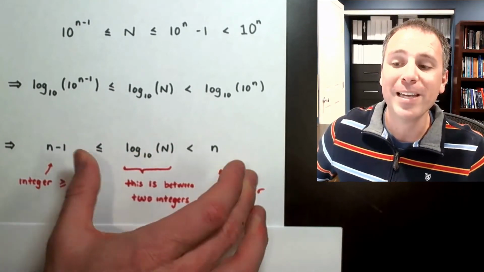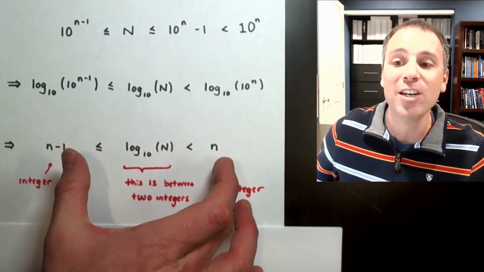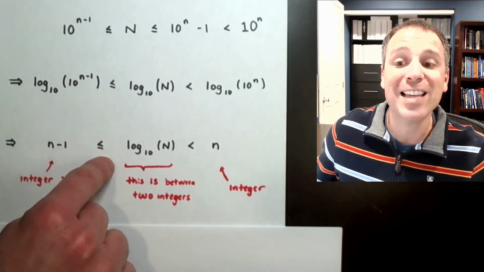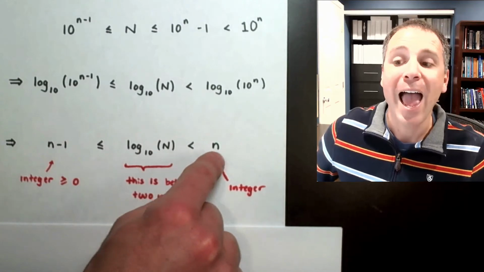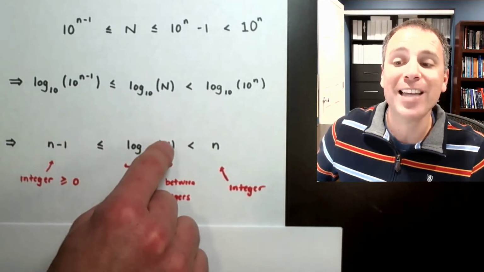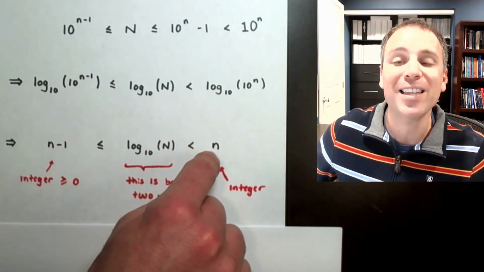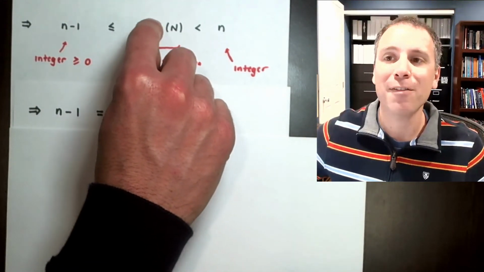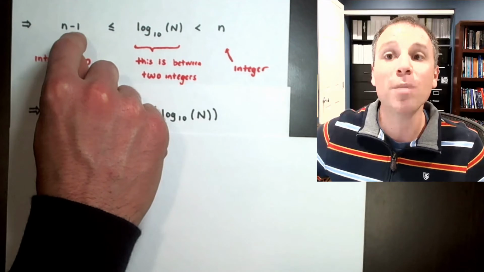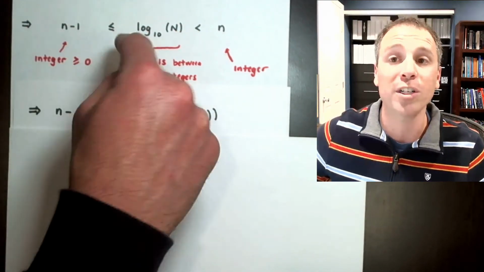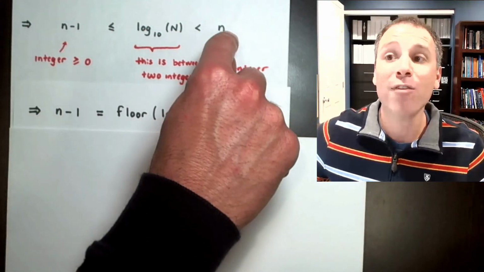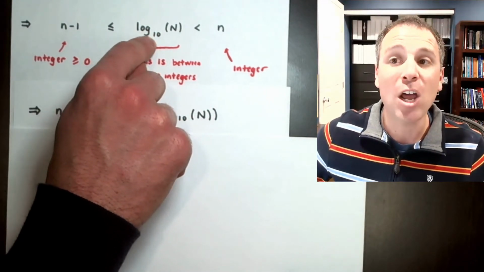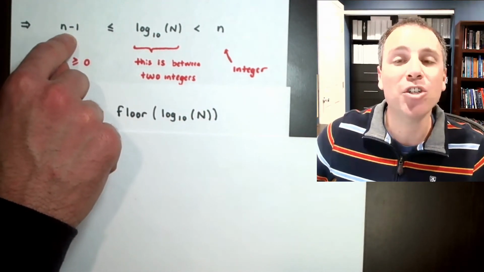Notice that log base 10 is stuck between two integers, n minus 1 on the bottom side, where this is less than or equal to log base 10 of capital N. And then on the upper bound, we know that log base 10 of capital N is strictly less than the integer n. But remember, that implies immediately that if this is in between two integers, it could be the lower integer, the one towards negative infinity. It will never be the upper integer. If we take the floor function of that, it will always get mapped to the integer less than that.